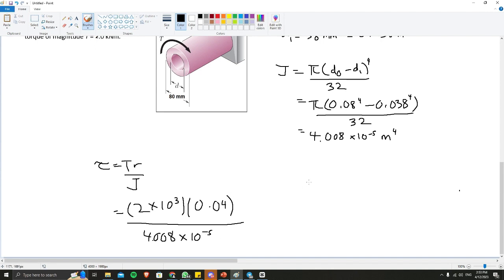Okay, so that gives us the maximum, so this gives us 1.996 megapascal.